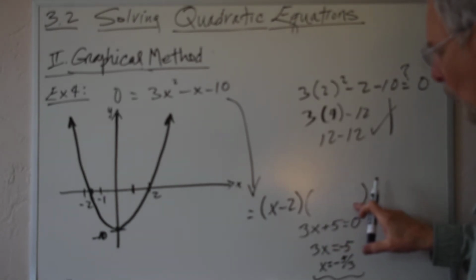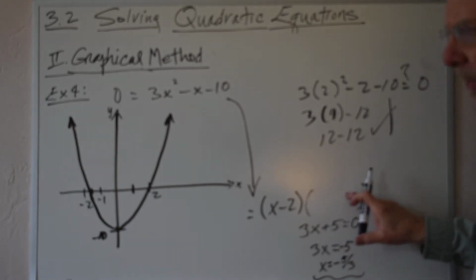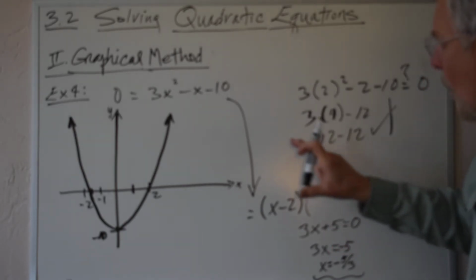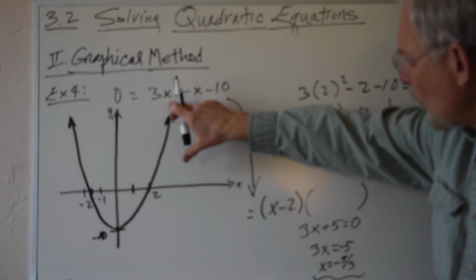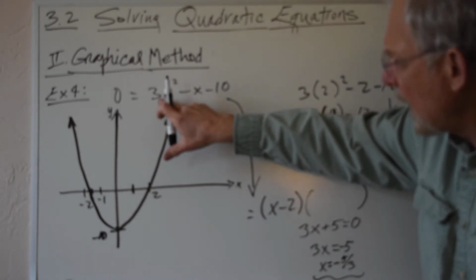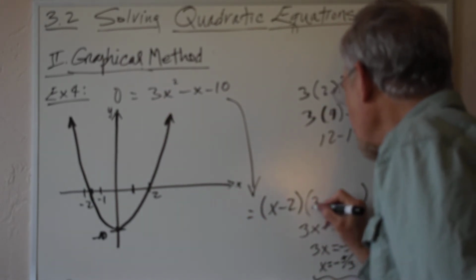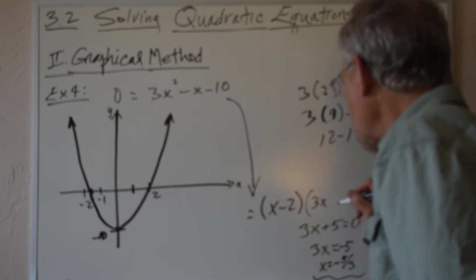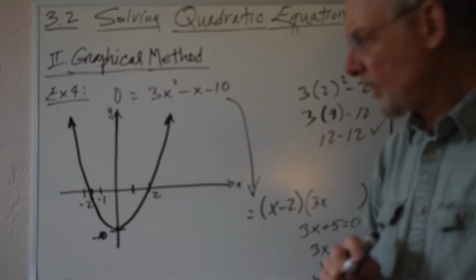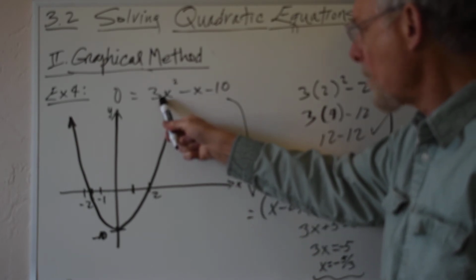We're going to get a binomial. We'll get an x term plus or minus some constant term. Well, whatever that x term is, when the x term here multiplies the x, it has to give us that 3x squared. So it must be 3x, right? Because 3x times x gives me 3x squared.